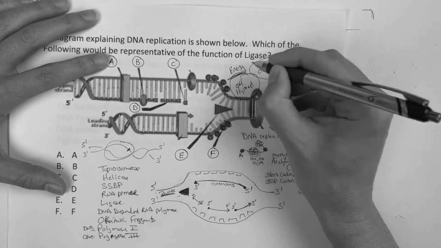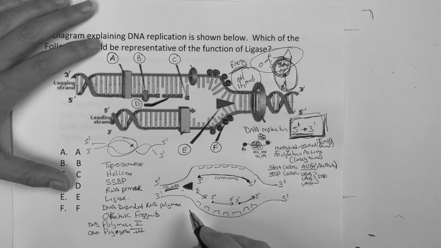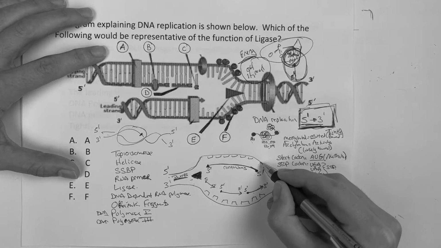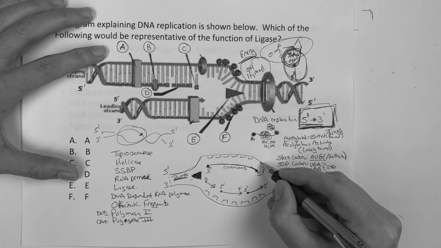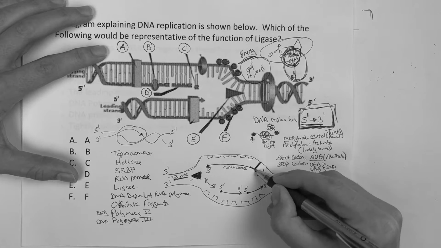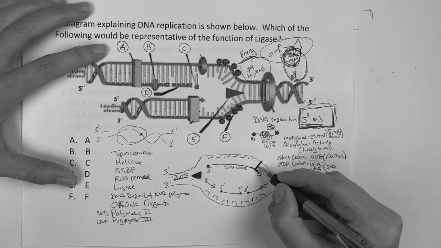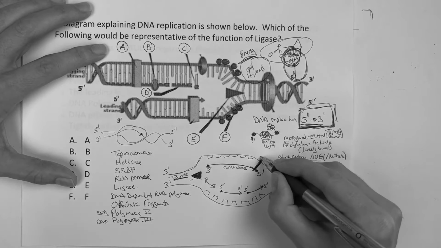Okay, provides the energy. Because who's going to start this stuff? Even though I started here and go into the 3', I needed somebody to start that. And what you need to know is it's going to be the RNA primer. Okay, RNA primer.